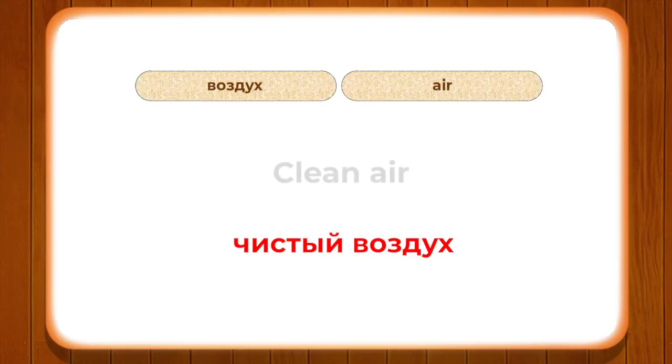For example, vozdukh, chistiy vozdukh, clean air. Alright, so these kind of questions, these kind of answers you can also make. And since you already know how to make sentences in interrogative or in affirmative with use of eto, and you can also use nyet whenever required, and it would help you to communicate in Russian in a very efficient manner.